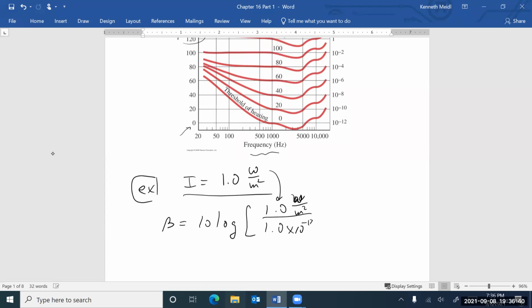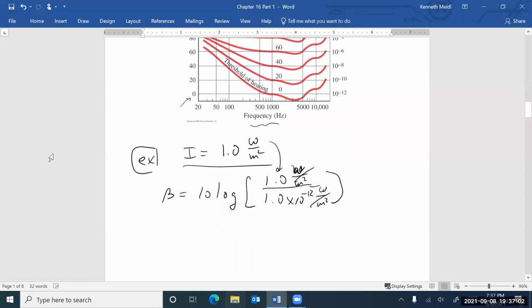We always compare to what we can barely hear. So those cancel out. And 1 divided by 1 trillionth is a trillion. So when you take the log base 10, the log base 10 is going to knock out the 10 to the 12. It leaves you just that 12. And so on your calculator, when you try this, you're going to get 12, but you still have this 10 out in front.